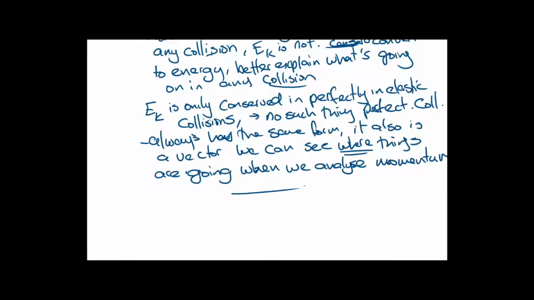We can't do that for energy, because momentum p has a magnitude and a direction, so it's much more useful when we're trying to construct what's happened in a collision to use momentum calculations rather than energy calculations.